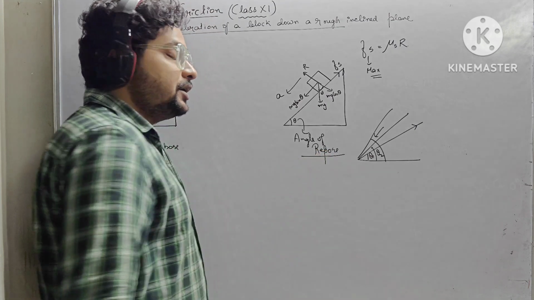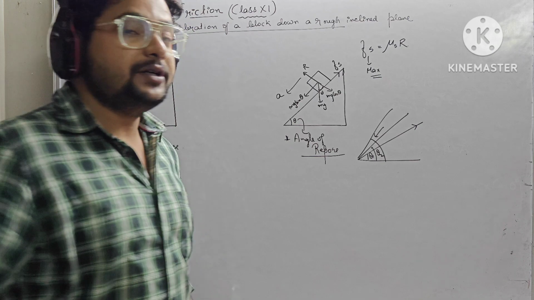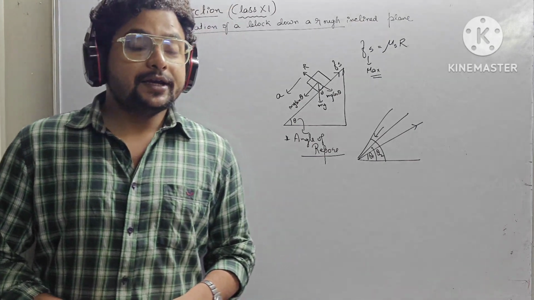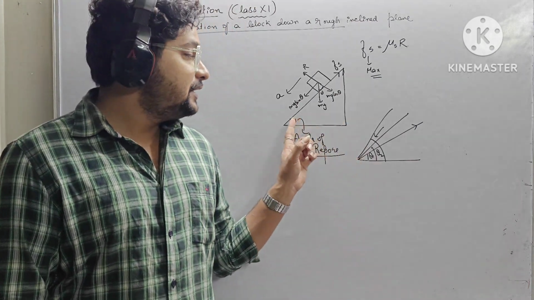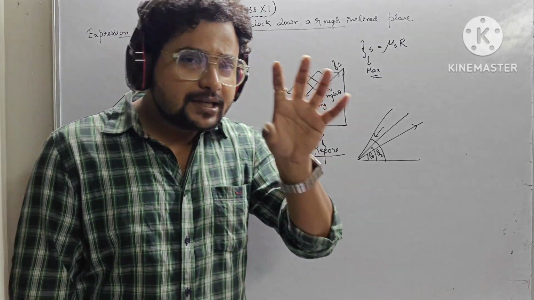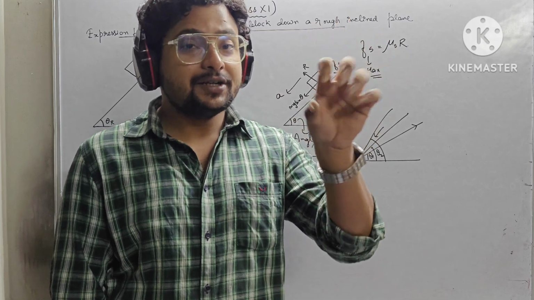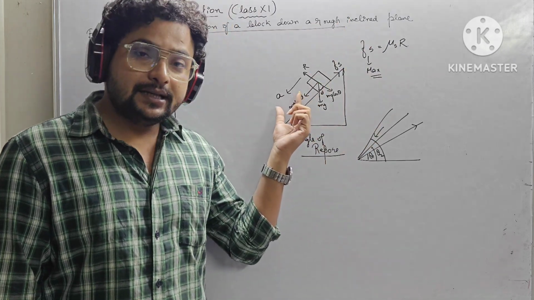I hope you understood what the angle of repose is. This is very important to understand this derivation. The angle of repose is that angle of inclination of the inclined plane for which the body just starts to slide down with an acceleration.